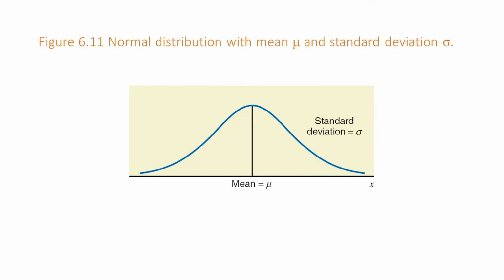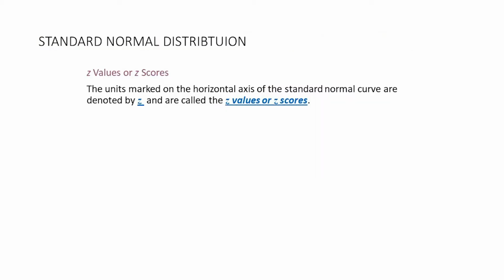Let's first remind ourselves what the normal distribution looks like for mean mu and standard deviation sigma. See the mean in the middle, and the standard deviation is a measure of its dispersion. The standard normal distribution, that is the standard normal 0, 1 distribution, is a specific normal distribution.